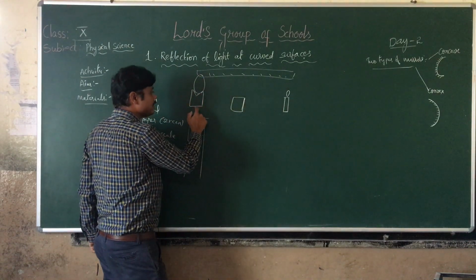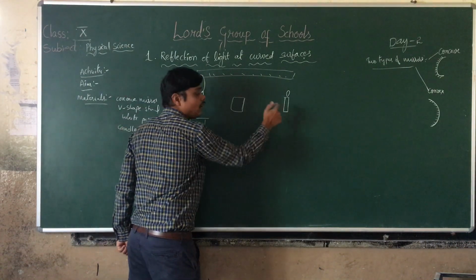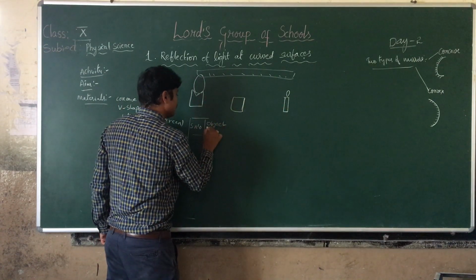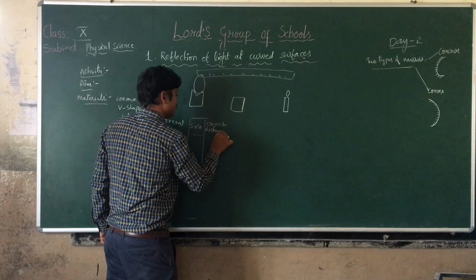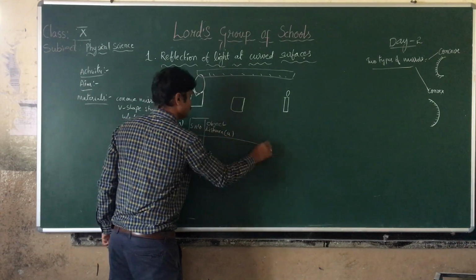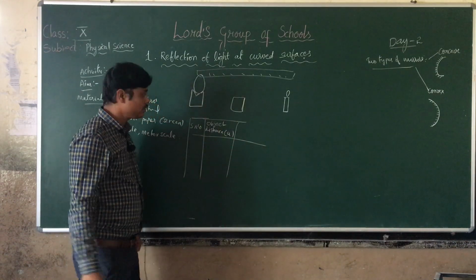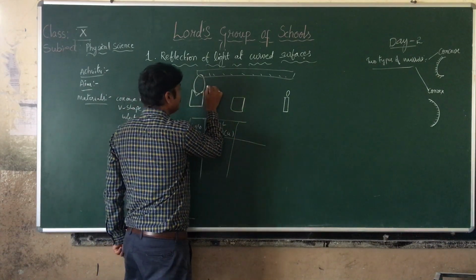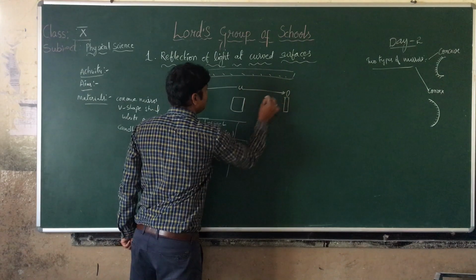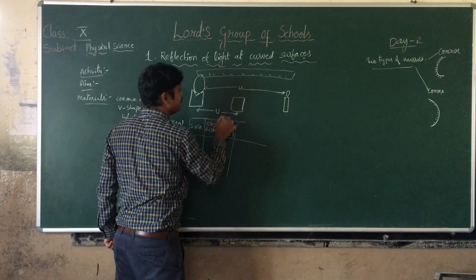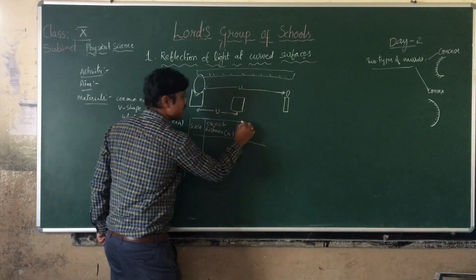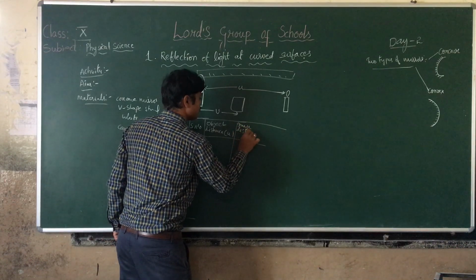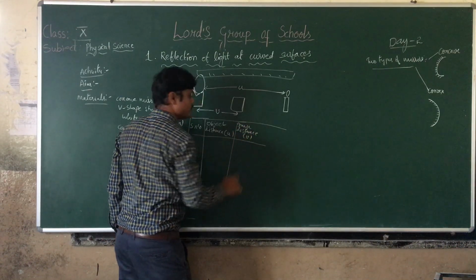So now I can say that the distance between the mirror and the candle is called the object distance, which is denoted with U. Next, we are getting the image on the screen, and this is called V. What is that? V, image distance.